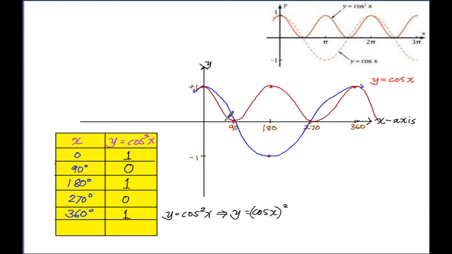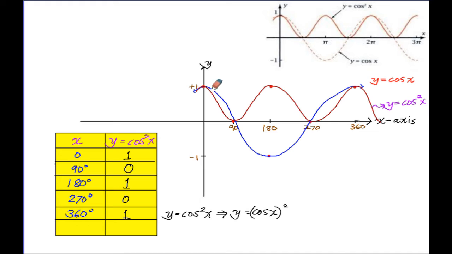So our y is equal to cosine squared of x is a positive function. This is the sketch of the two functions: the cosine x function and the cosine squared of x function.